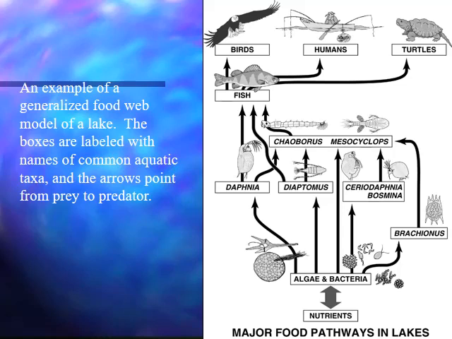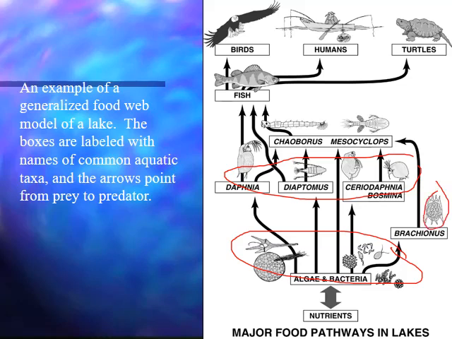The nutrients come in, these organisms use the nutrients, and then the microcrustaceans eat them, and the rotifers eat them, and then other things eat other things, and finally you move up to the top of the food web where you have your top predators, in this case an eagle, and this guy catches a fish. Here's a snapping turtle.